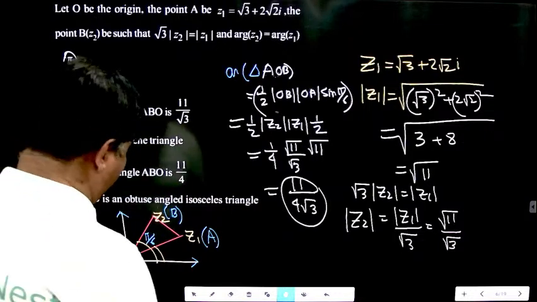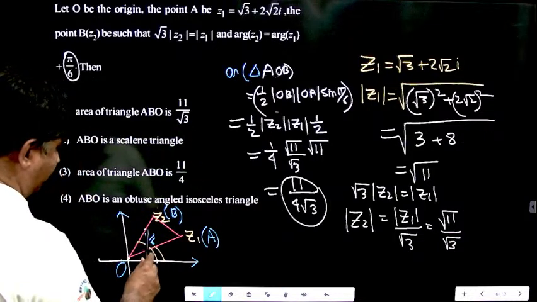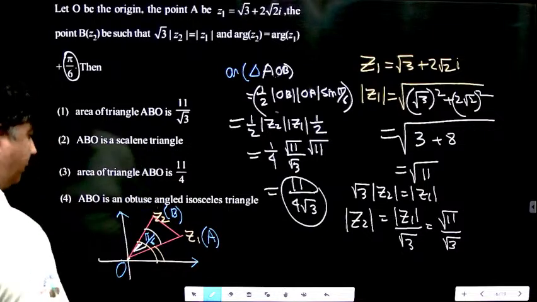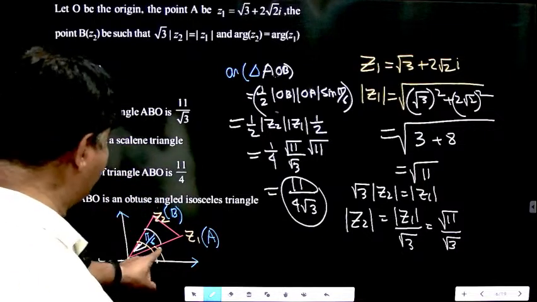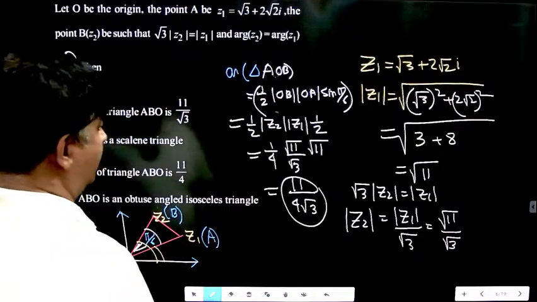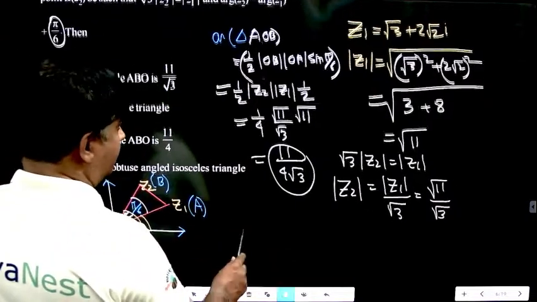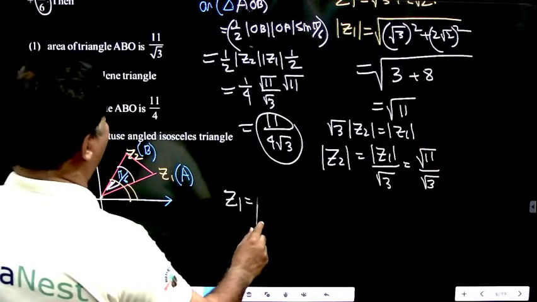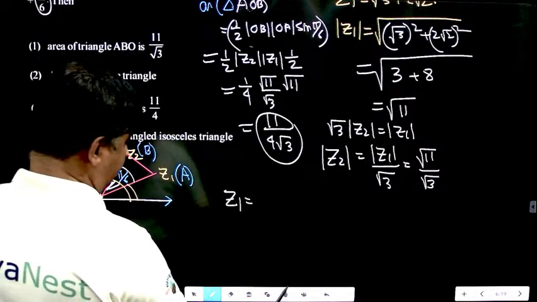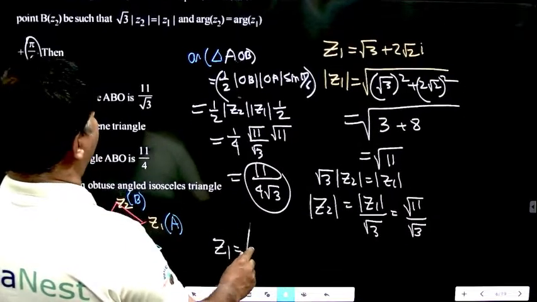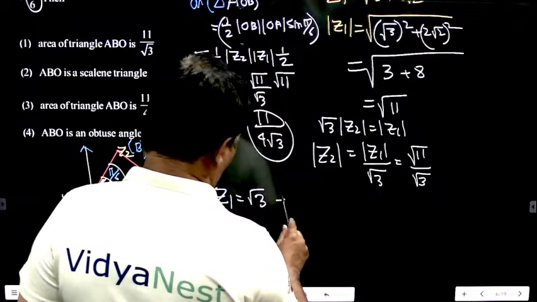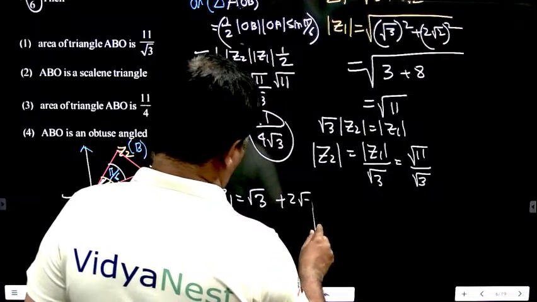This angle is pi by 6. You see, observe. This is pi by 6, not the whole thing. This angle is what? Z1, we have got root 3 plus 2 root 2i.